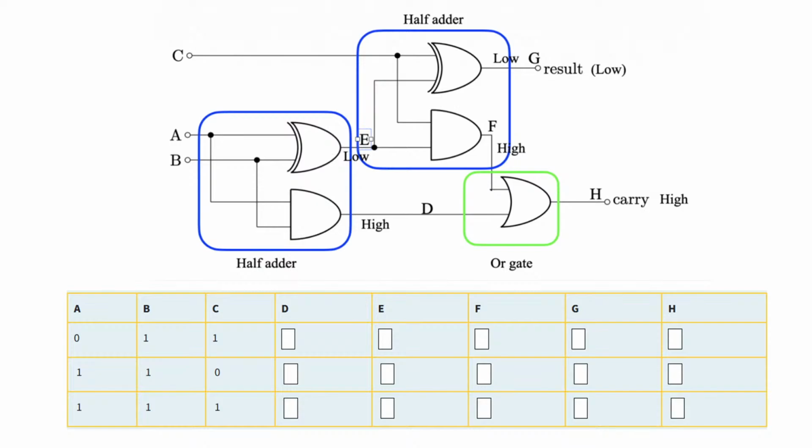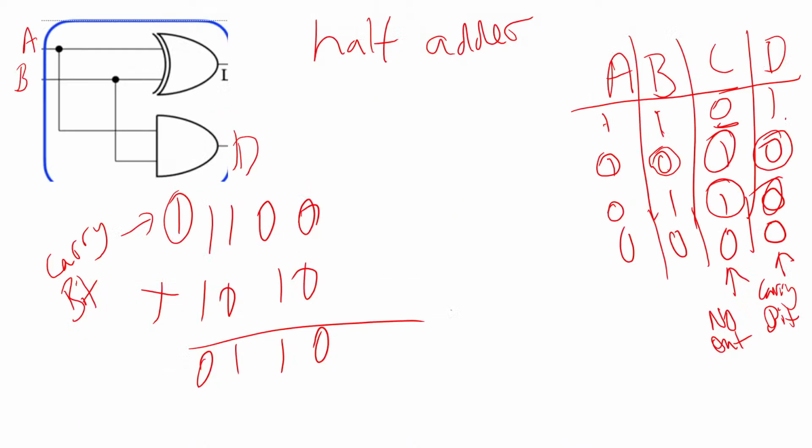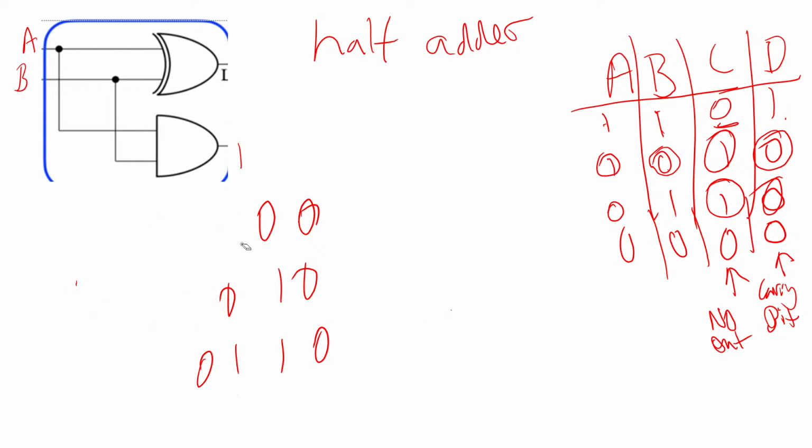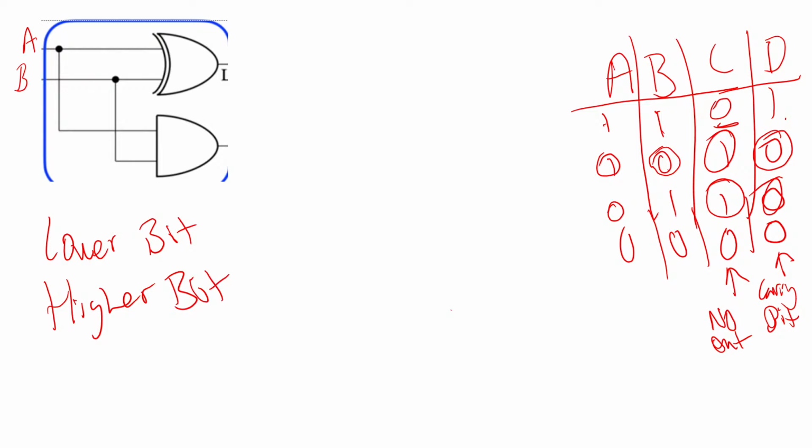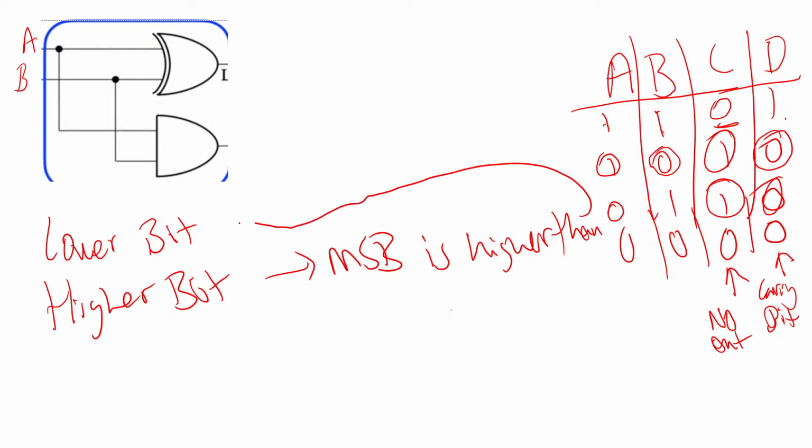Next bit. Now it gets a bit more complicated. What do we mean by lower and higher bits? So let's go over that quickly. A lower bit and a higher bit. Essentially, all it's saying is that the MSB is higher than that one. Does that make sense?